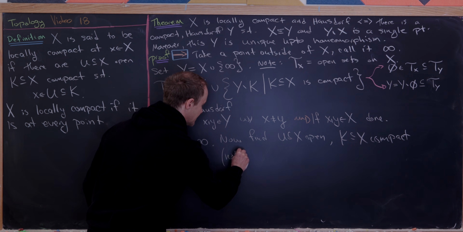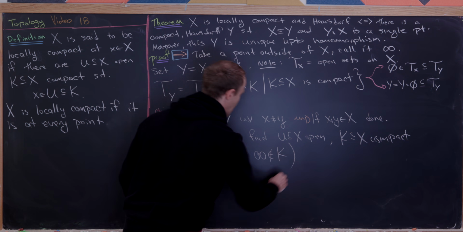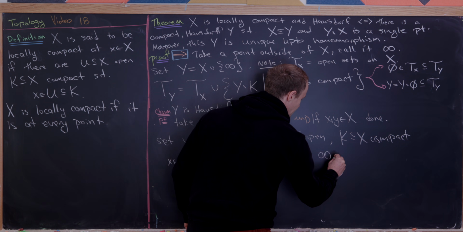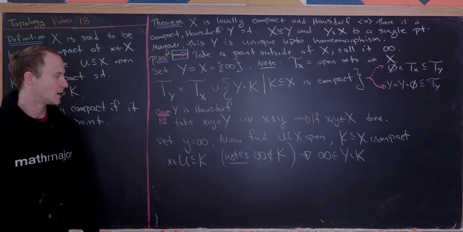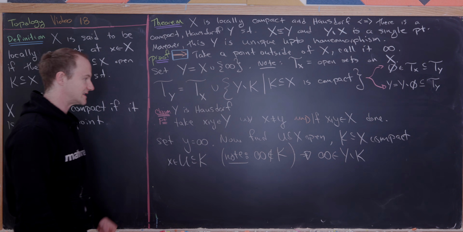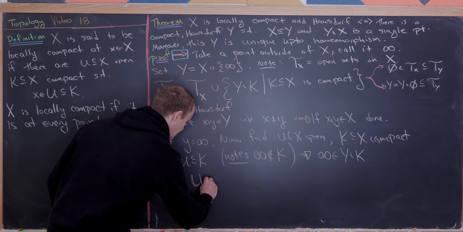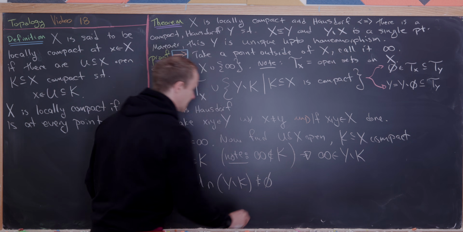So let's notice that since all of this is happening inside of X, we have infinity is not inside of K. But that implies that infinity is inside of Y minus K. Oh, but now we're essentially done because we've got U intersected with Y minus K is empty.